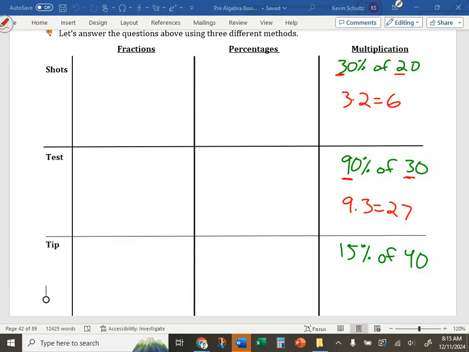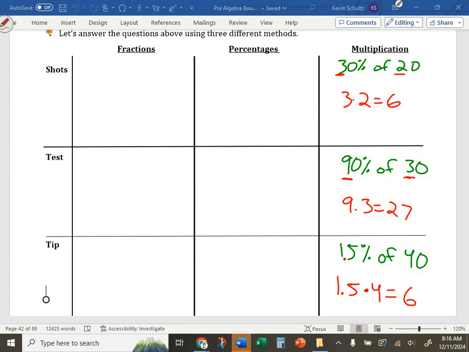This one may be not quite as mental. But what you would do here is you'd stick a decimal point in between the 1 and the 5, and you would take 1.5 times 4. And that would give you 6.